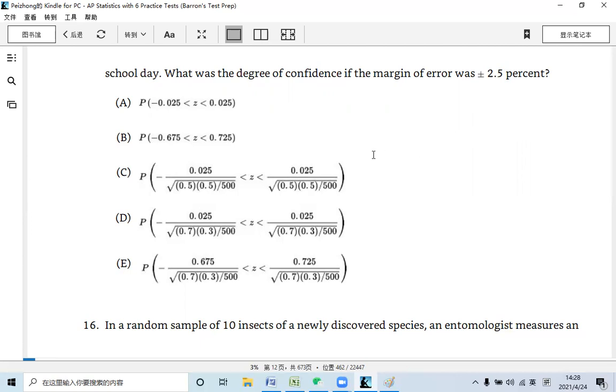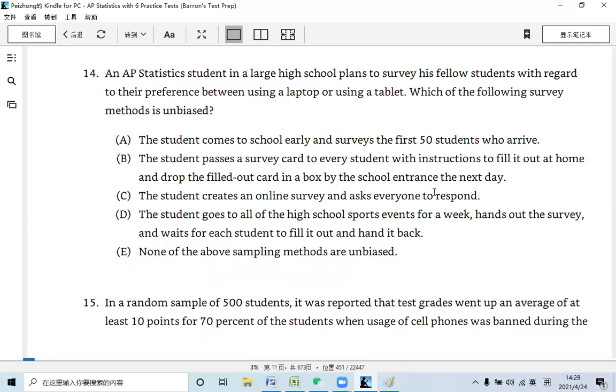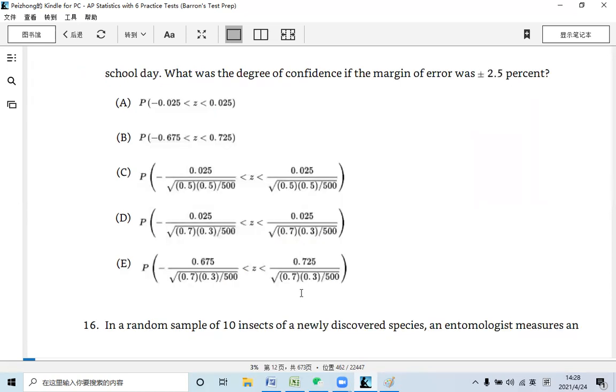So basically, you want the z-score. Do we know the standard deviation? We don't know the standard deviation, so we have to get the standard deviation. Z-score is good.